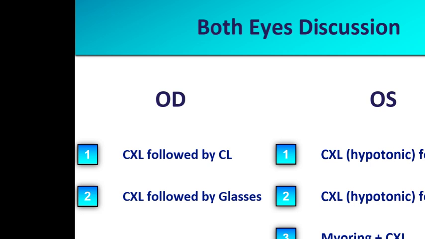Otherwise, it will make a shield within the epithelium and it will block the UV from penetrating through the stroma. So I wash the riboflavin, I wait for 5 minutes doing nothing, then I apply the UV. This is the best way of epi-on technique. Other epi-on techniques are still not proven.